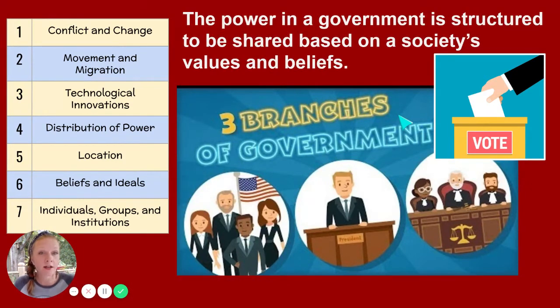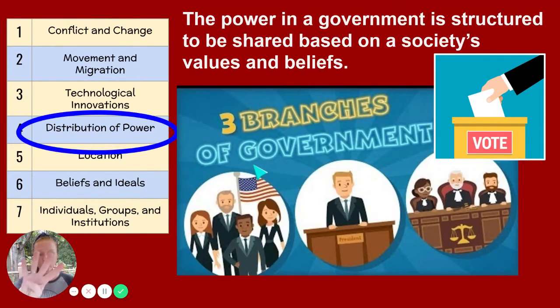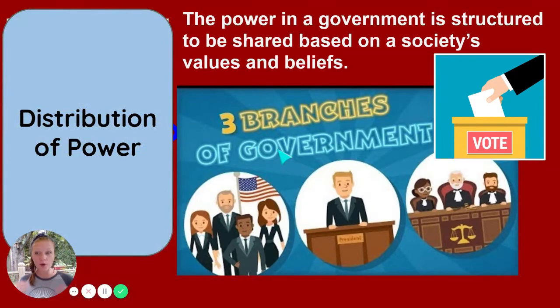The power in a government is structured to be shared based on a society's values and beliefs. All right, hold up the number of fingers that you think might connect best. All right, if you held up 4 fingers, then I agree with you. Distribution of power. And when we're learning about who has the power in a society, here are some questions you could ask yourself.